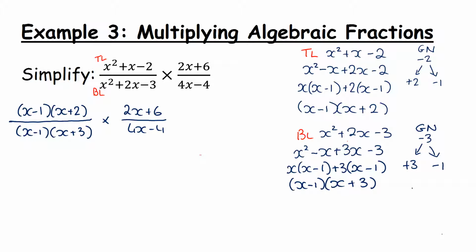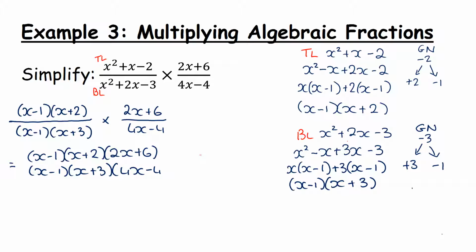Remember our rule is multiply across the top. To show multiplication, we're just going to use our brackets. So we already have x minus 1, we have an x plus 2. We're going to multiply that by 2x plus 6. On the bottom we're going to have an x minus 1, an x plus 3, a 4x minus 4.